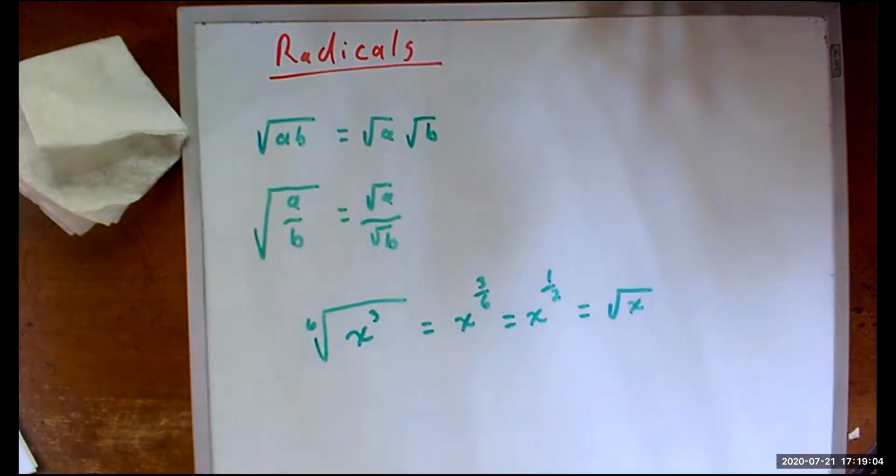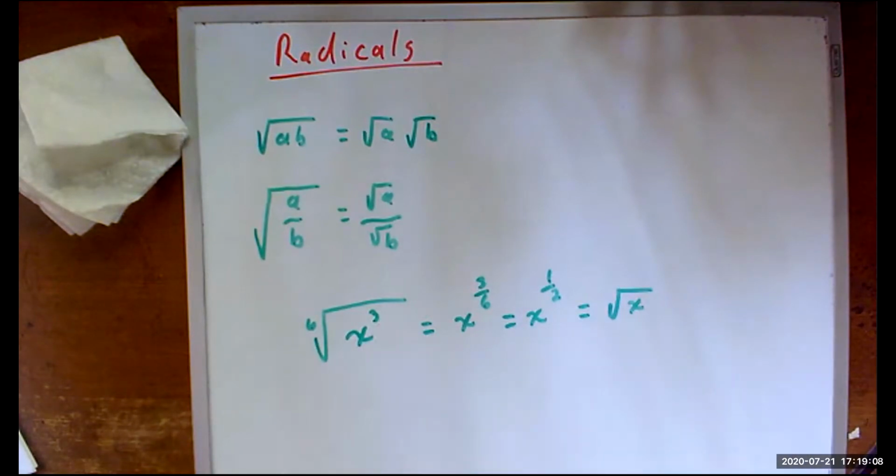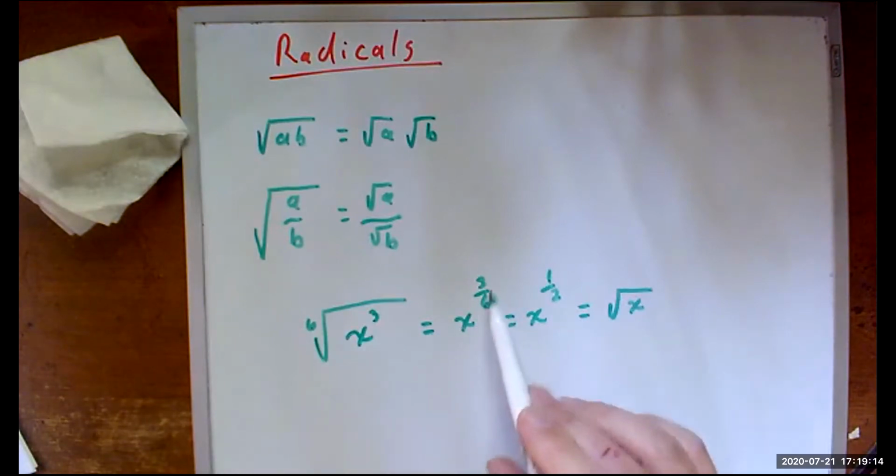So in fact, to be simplified under the radical, we should have no powers inside. So when it says for an nth root, there must be no nth powers as a factor inside the root, that's what we mean. If you could turn it into a fraction and simplify it, you must do so.